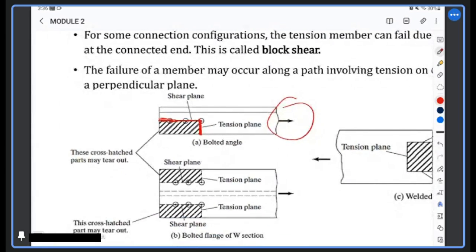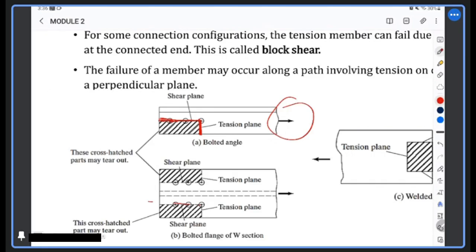So next one is a bolted flange. So yung flange ng ating wide flange section ay nakakonect siya ng ganito. And then the possible block shear would be this one. Okay, one here, and then on the other side of the flange would be another tearing out.